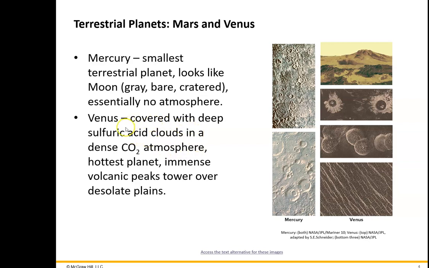There have been just a couple of spacecraft that have landed on Venus and took a few pictures, but because of the sulfuric acid in the atmosphere, as well as the crushing atmospheric pressure, those spacecraft did not last for very long. They were called the Venera.